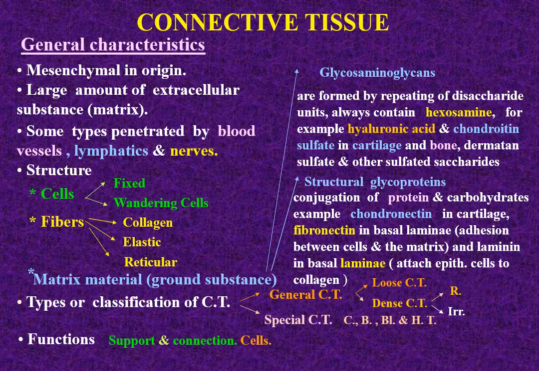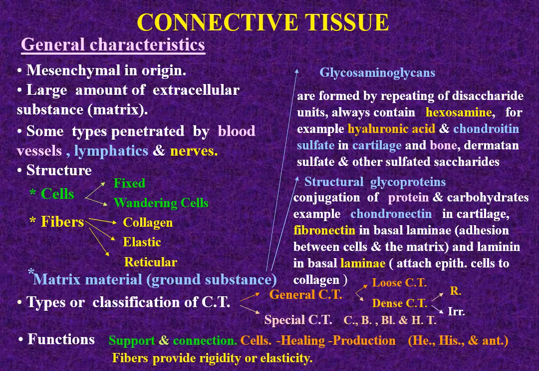The cells provide healing of the injured tissues, produce heparin, histamine, and antibodies, store fat and preserve body temperature, and protect against microorganisms. The fibers provide rigidity or elasticity. Nutrition to the surrounding structures is provided by blood vessels traversing the matrix.